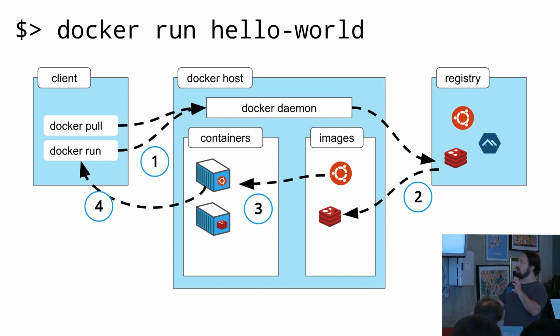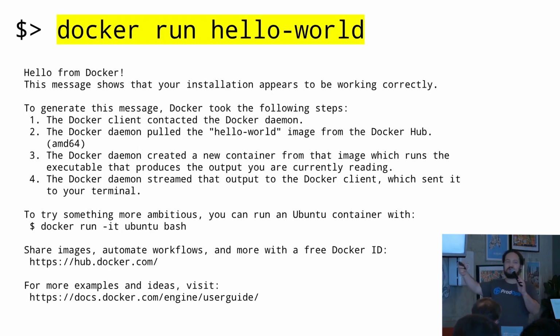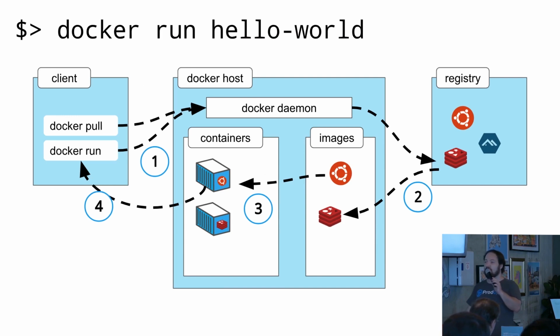And that command will usually print this output and explain what it does, what is happening behind the scenes. So if you have Play with Docker running right now, you can create a new instance there and run the command docker run hello world. And let's discuss a little bit what is happening.